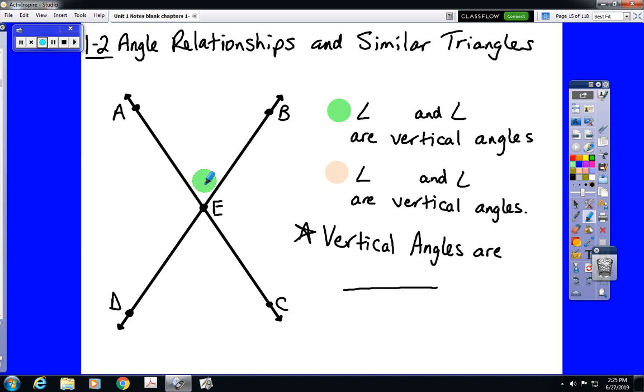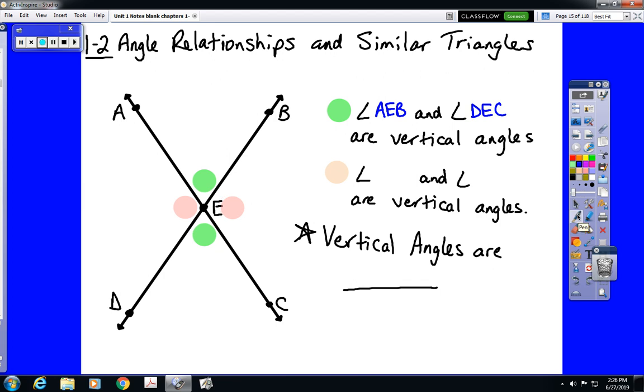Vertical angles are non-adjacent angles formed by intersecting lines, which means that top angle, which is angle AEB, and the bottom angle, which is angle DEC, are vertical angles. Similarly, that same definition, non-adjacent angles formed by intersecting lines, would indicate that the angle on the left and the angle on the right are vertical angles.